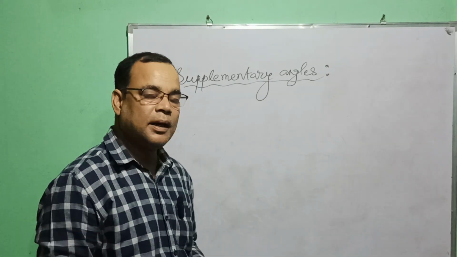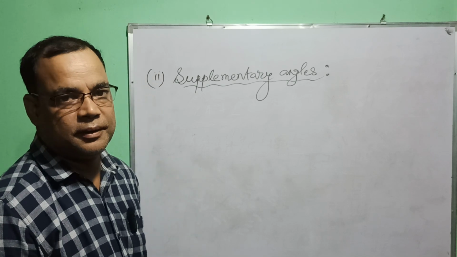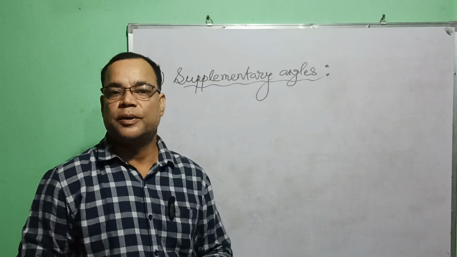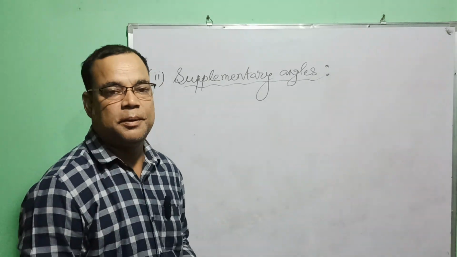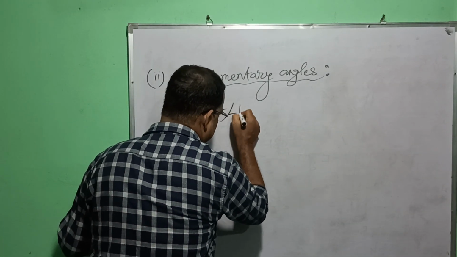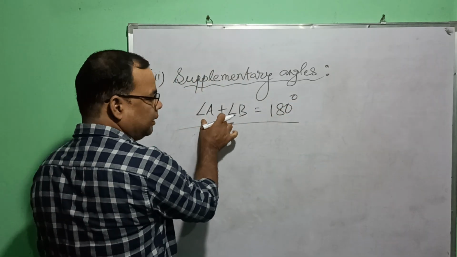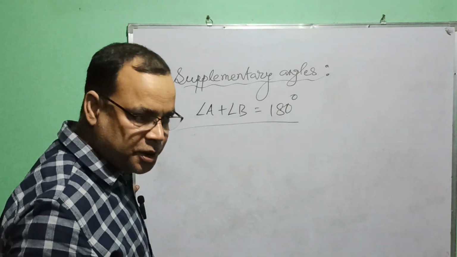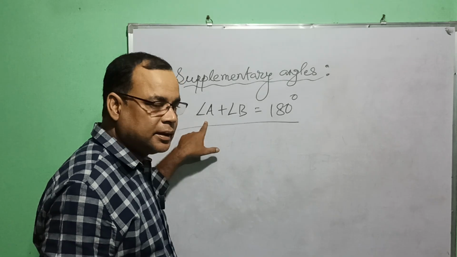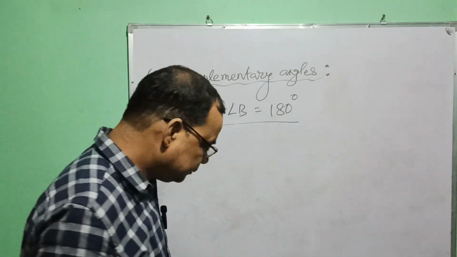In a similar way to complementary angles, we can define supplementary angles: if the sum of any two angles measures 180 degrees, then these two angles are called supplements of each other, or supplementary angles. So we can say that if angle A plus angle B equals 180 degrees, then angle A and angle B are called supplementary angles. In other words, angle A is the supplement of B and angle B is the supplement of A.